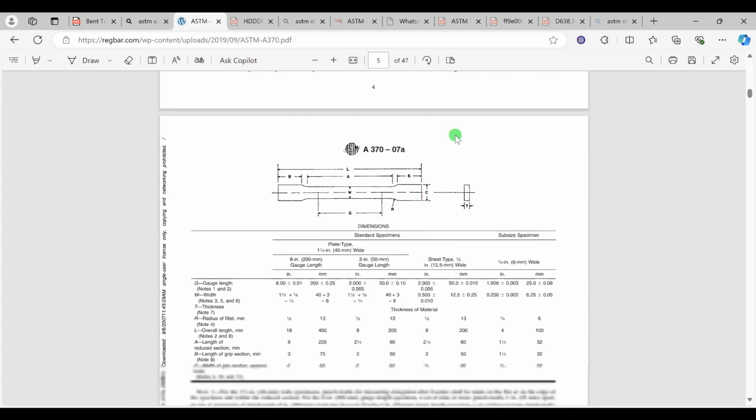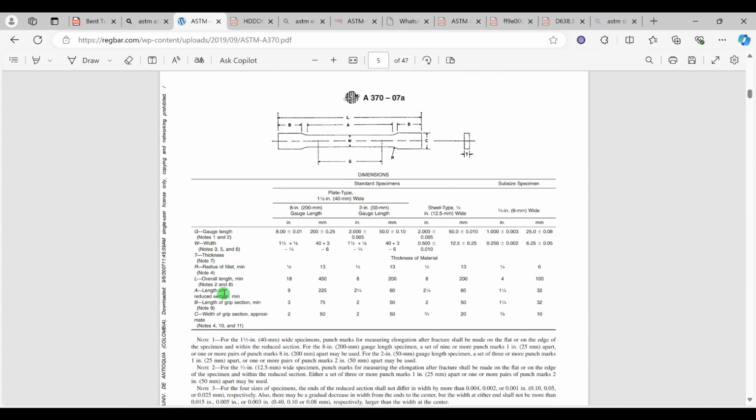If you scroll down in the PDF, you will see this table, and according to this table you will be able to design your dog bone.